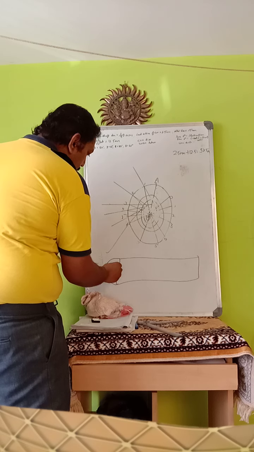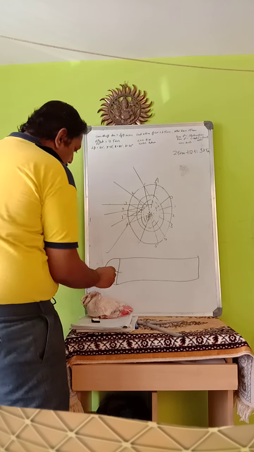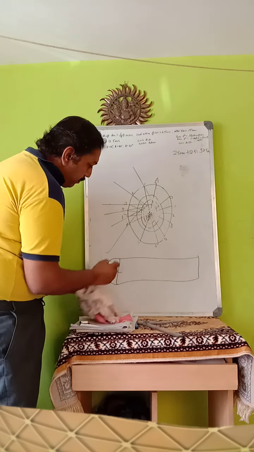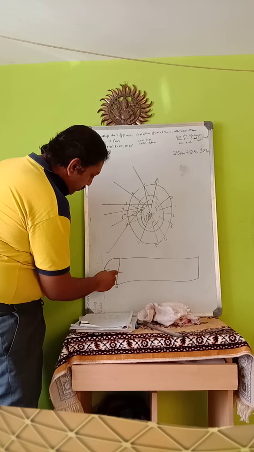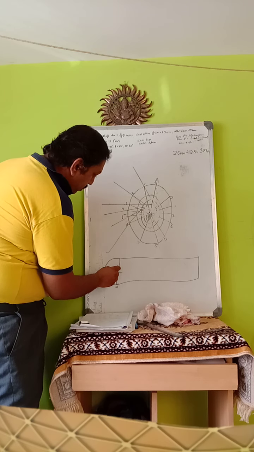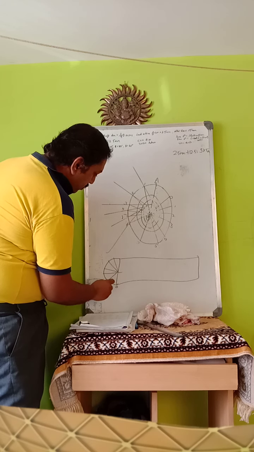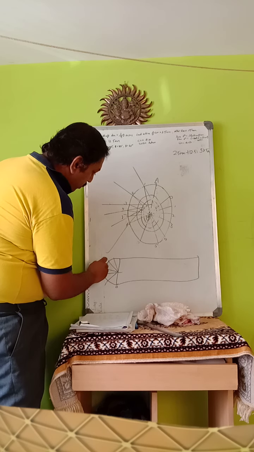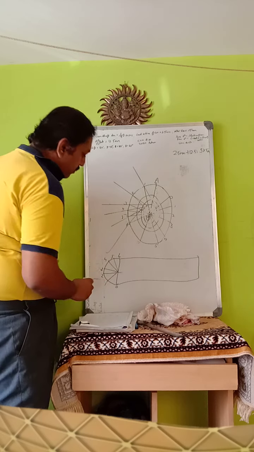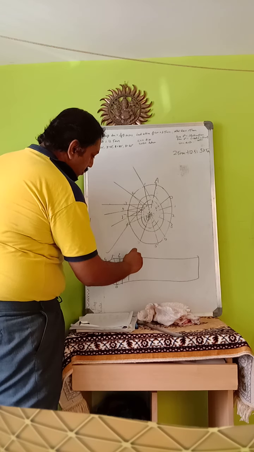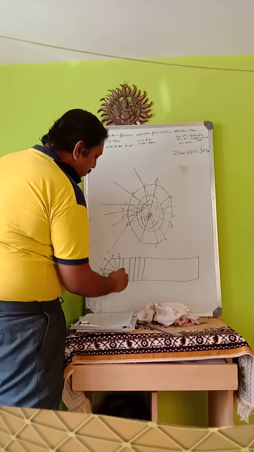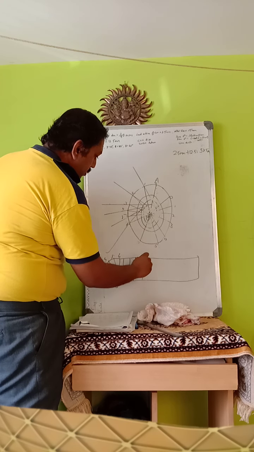So simple harmonic rise we have dealt with already. Again 1, 2, 3, 4, 5, 6. Okay, and here also 1, 2, 3, 4, 5, 6.